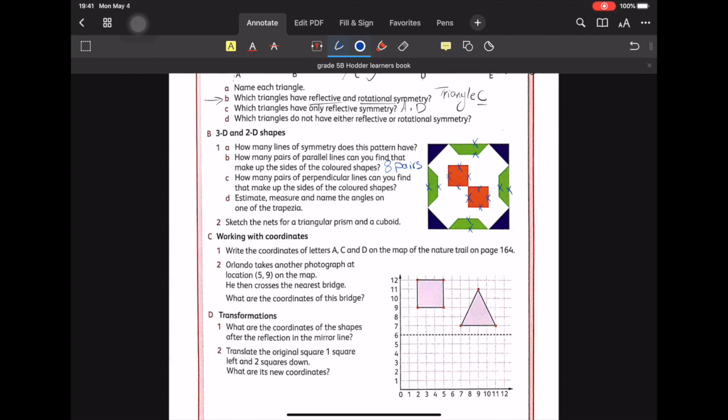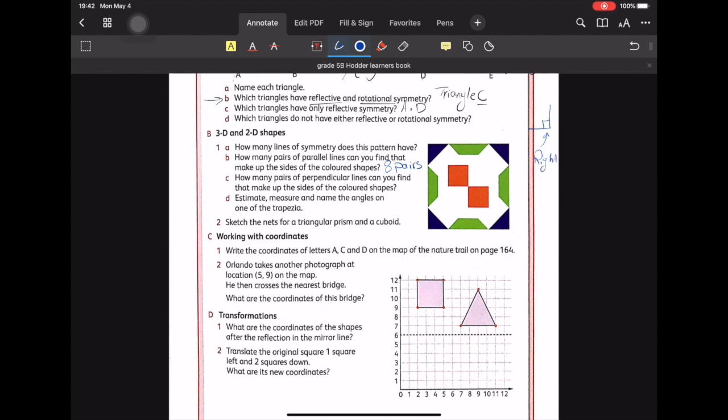About part C, how many pairs of perpendicular lines can you find that make up the sides of the colored shapes? All right, let me clean these ones. Let's go for the perpendicular ones. As a reminder, a perpendicular angle is a right angle. So we're going to look for any right angle.